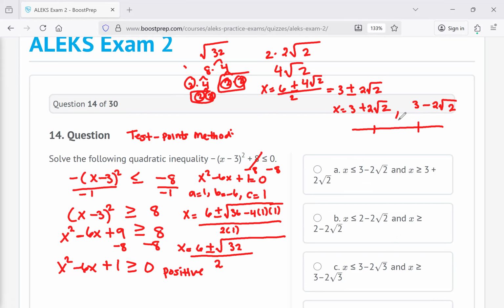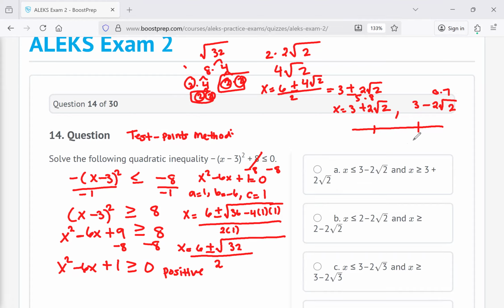If you put 3 plus 2 radical 2 in the calculator, that's about 5.8. And then if you put 3 minus 2 radical 2, that's about 0.7.